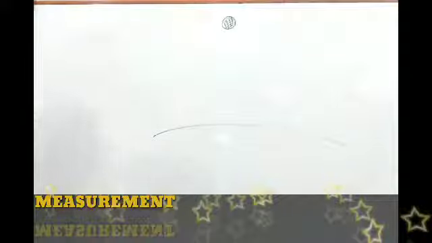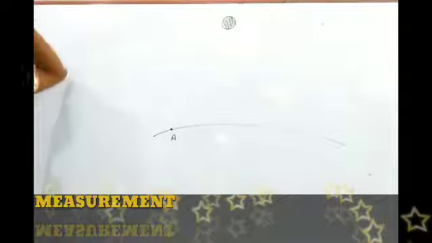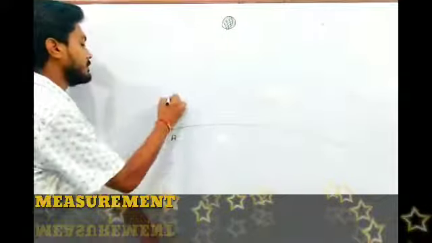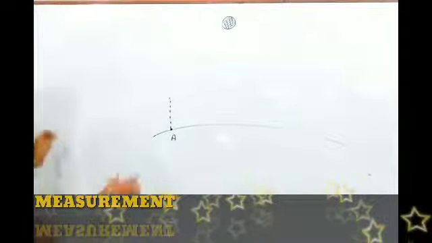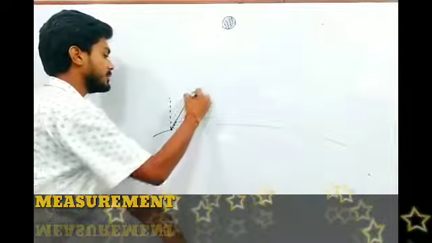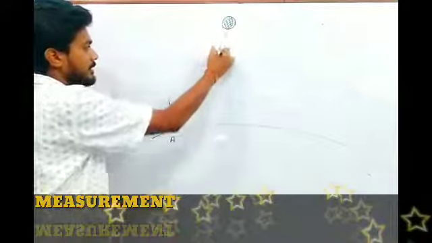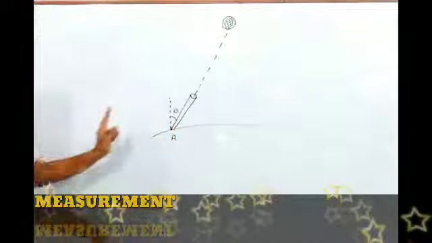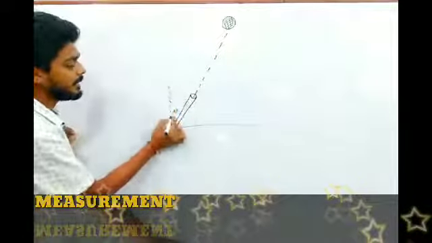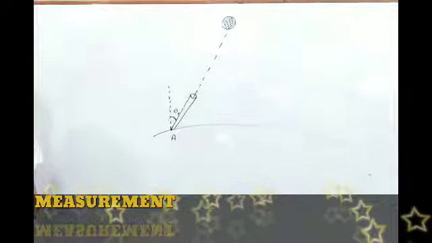Very simple concept. Take a point A, and from point A, using the sextant device, find this angle. In the sextant device there is a vertical line, and from that you can measure this angle theta 1.